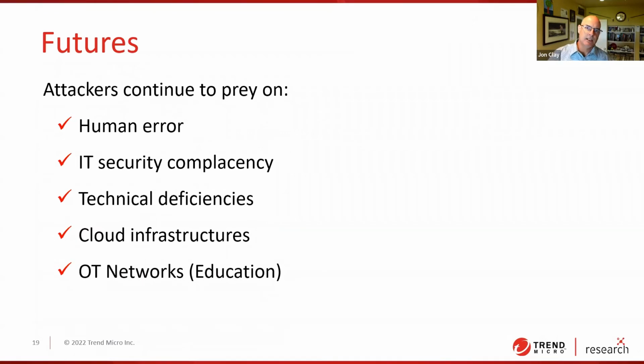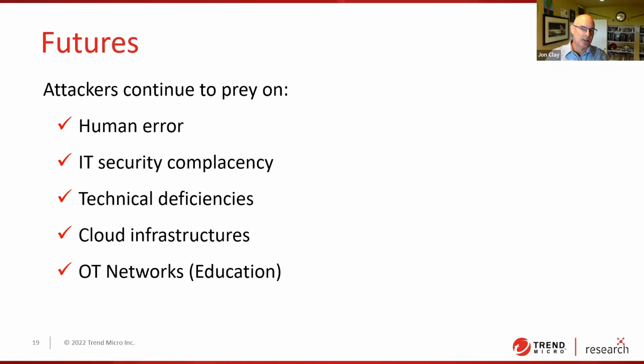And then OT networks. One of the interesting aspects of OT networks is we're seeing a lot more educational attacks. So these are attacks where the motive of the attack is just to learn what can be done inside the OT network. So you're not going to see a ransomware drop, or you're not going to see a destructive attack there. You may not even see the activity, because all they're looking for is, can I get access to this system or not?